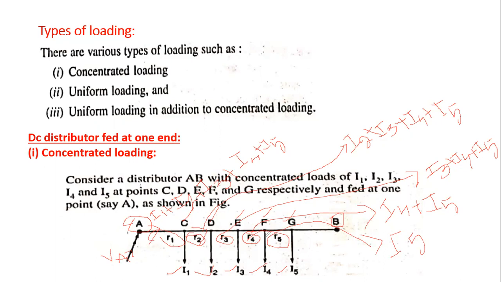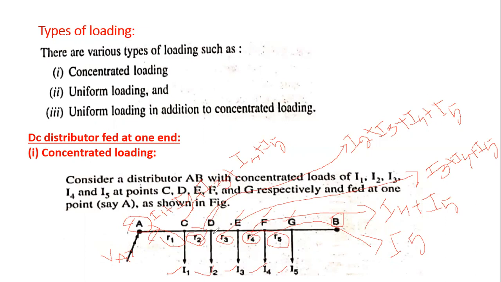What are the resistances? R1 at section AC, R2 at section CD, R3 at section DE, R4 at section EF, R5 at section FG. What is the current at section AC? I1 plus I2 plus I3 plus I4 plus I5. At section CD: I2 plus I3 plus I4 plus I5.